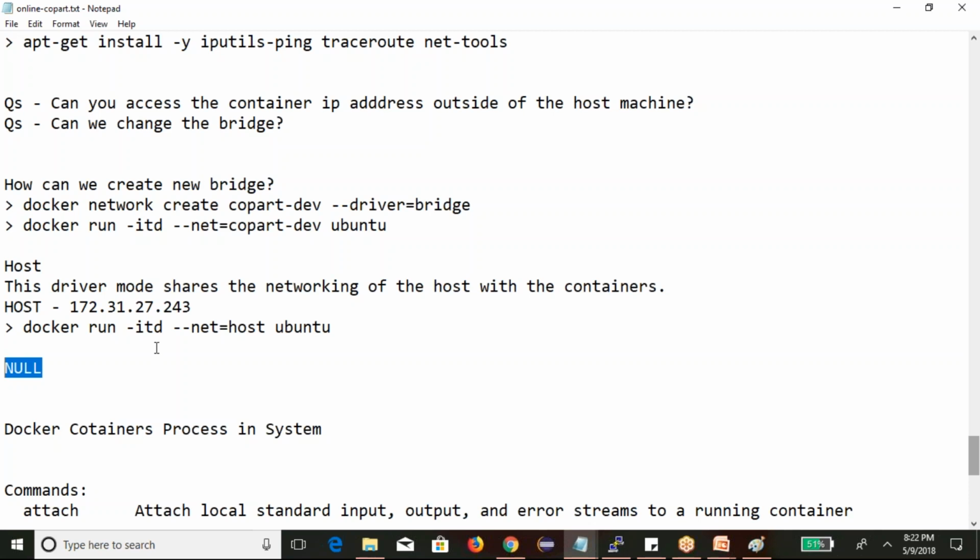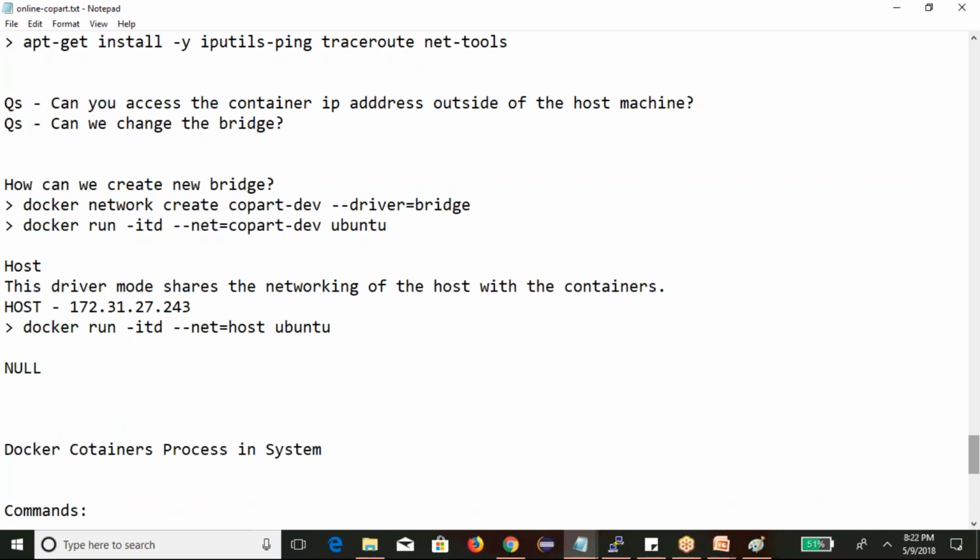Thanks, Rajesh. Now, the third kind of network driver we have is null. Null is a kind of network driver which does not share the host networking and also has no bridge. In simple words, it has no networking. It is like a computer in your data center where you have unplugged the network wire.